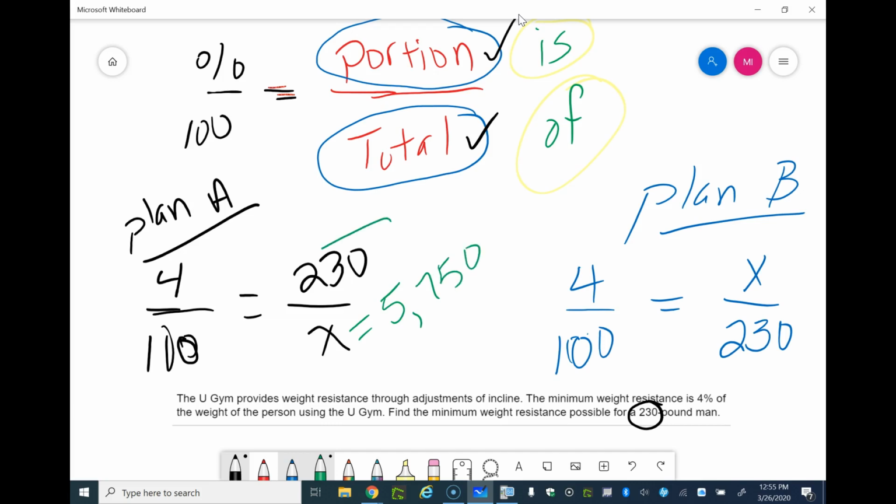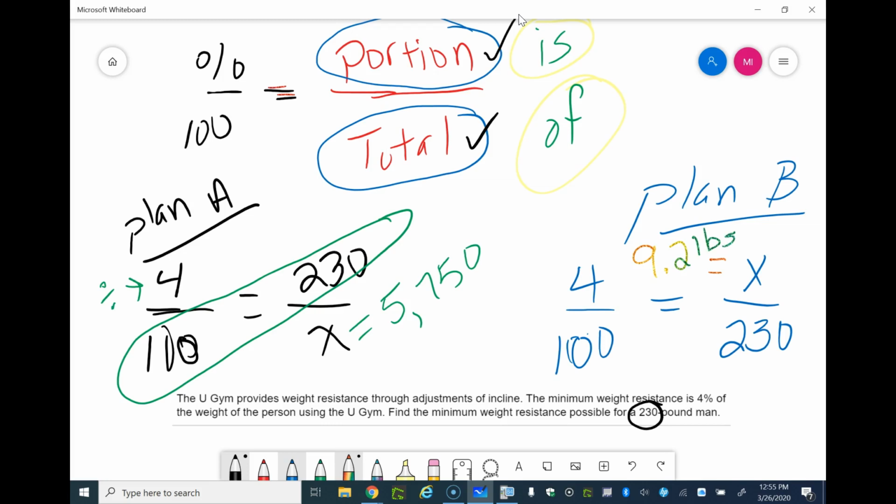If you want to check it, remember, just multiply these two together first, and then come back and divide by the number left over. For plan B, our x is going to be equal to 9.2. Both of these are considered to be in pounds.